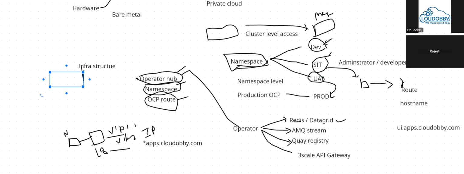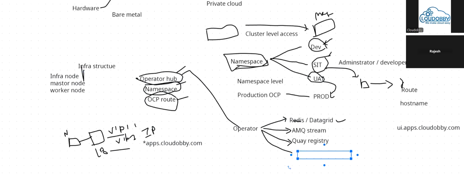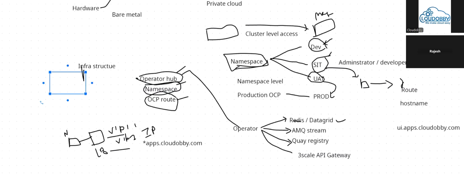If I'm using 3scale API gateway, that will be deployed in the infra node. Any communication going out of OpenShift goes through the infra node. So the worker node will talk to the infra node. Your route will be configured in the infra node, and any operator you install goes in the infra node.